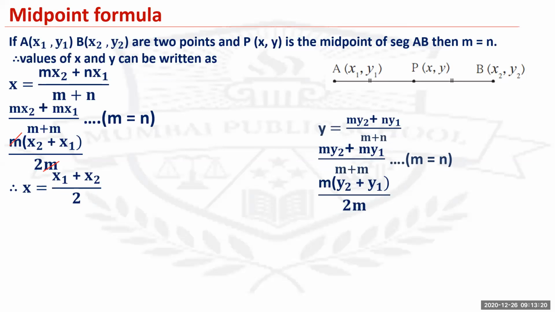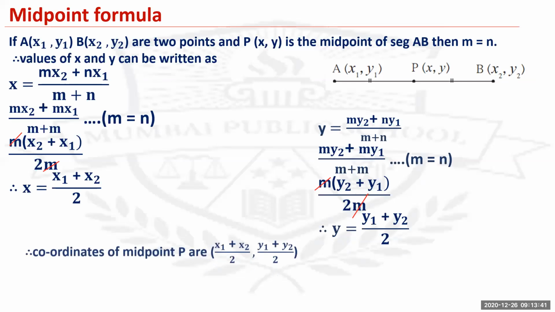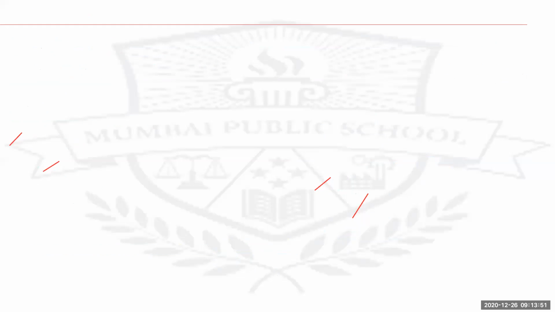Again, the m in the numerator and the m in the denominator get cancelled. So what you're left with is y equals y2 plus y1 upon 2. So with the help of this, you'll get the coordinates of midpoint P as x1 plus x2 upon 2, comma, y1 plus y2 upon 2. We'll move to the next topic.